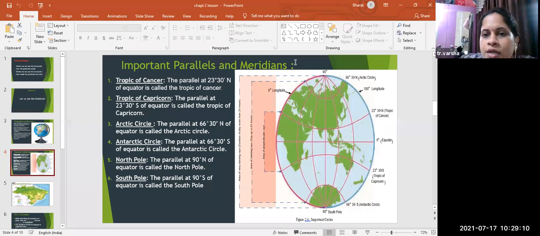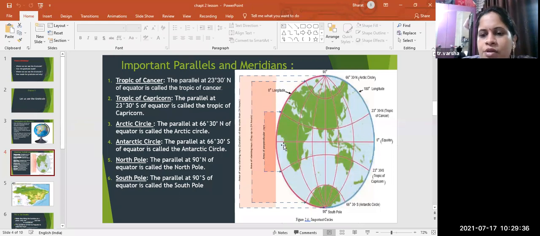That is 23° 30 minutes north, Tropic of Cancer, and then we have 23° 30 minutes south, the Tropic of Capricorn.